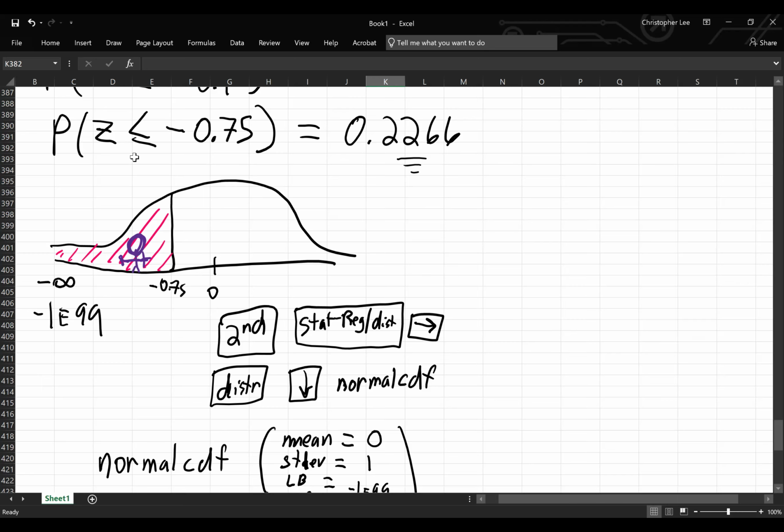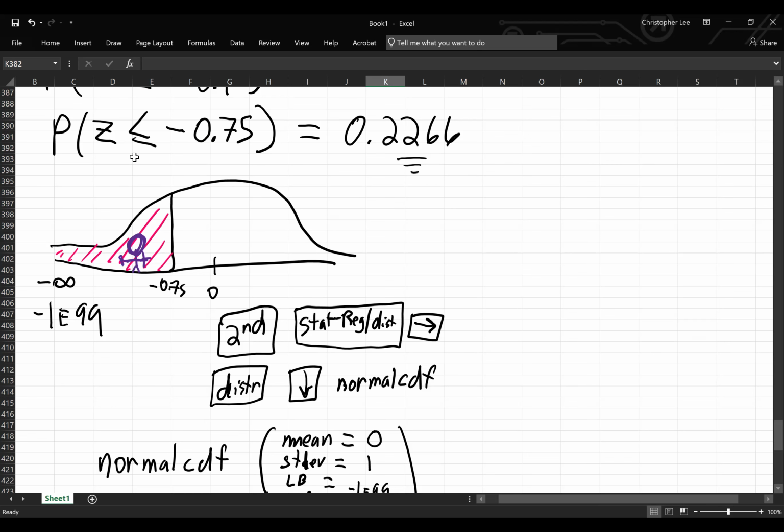So whatever's to the left of it. You don't need 12. That was just to draw the distribution for you. For a normal distribution, you count by ones. But for the X distribution, you count by whatever the standard deviation is.